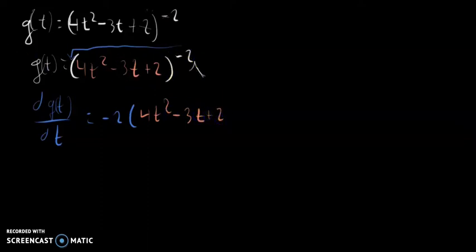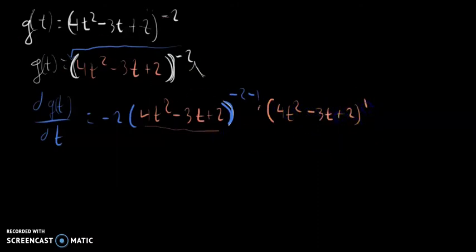We're doing the derivative of the outer function, the derivative of that power rule right here. Now we had negative 2, so we have negative 2 here, and then we subtract 1, right, because of the power rule. So that's the derivative of the outer function. Now we need to deal with the inside and do the derivative of the inner function, the derivative of all of that. 4t squared minus 3t plus 2, the derivative of that.